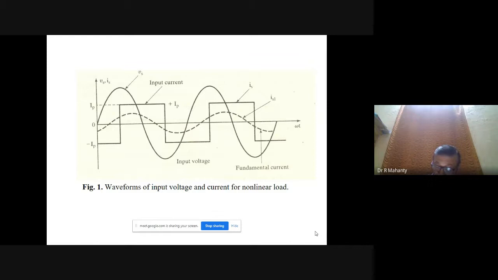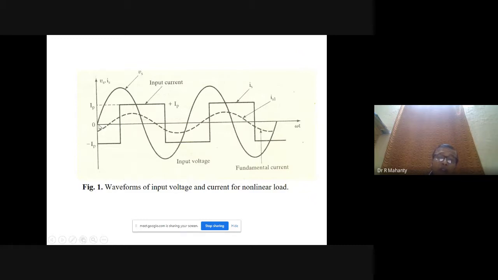Let us see. Now, in this case, to define the power factor, you have to find out the fundamental component of this input current. The line shown by this dotted line is the fundamental component of current.